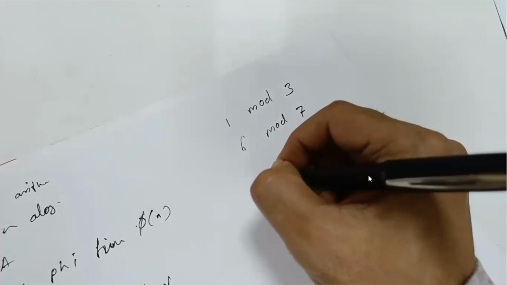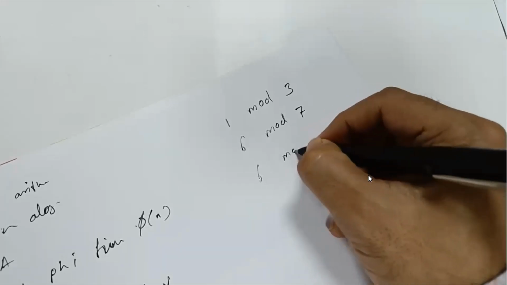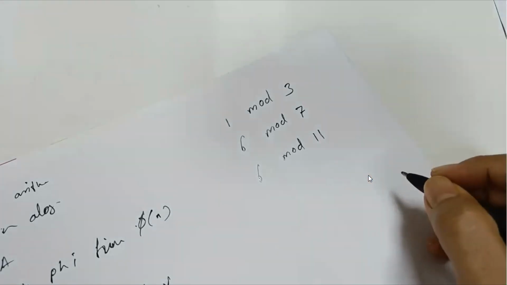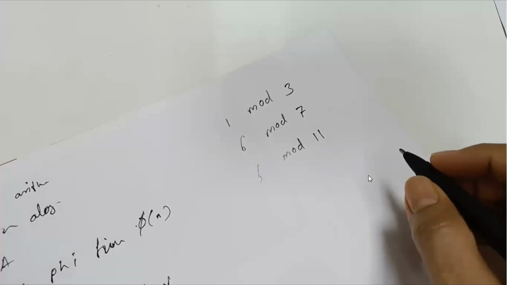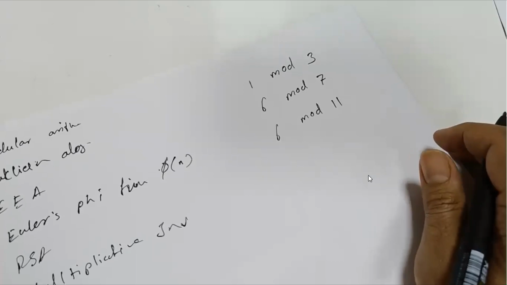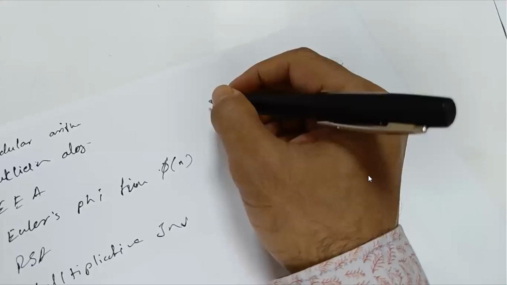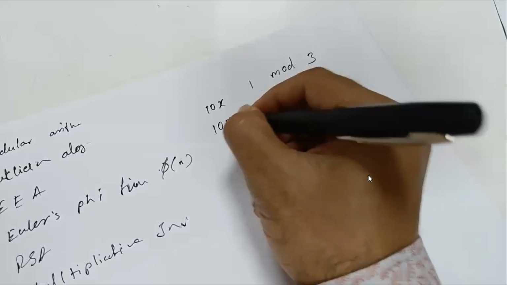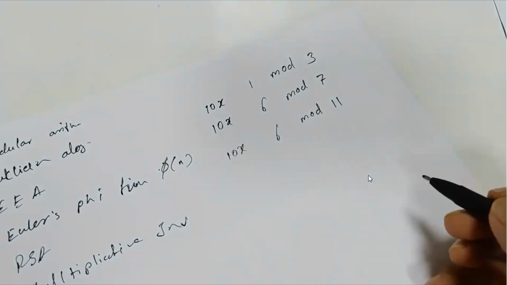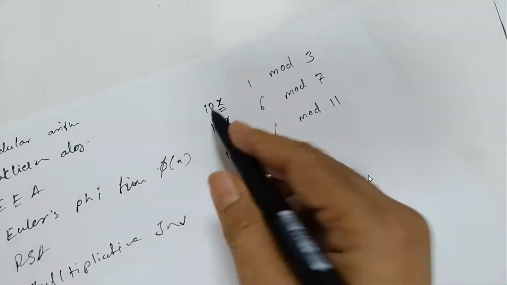So that means 6 mod 11. Okay, and we have to find out the smallest multiple of 10. That means actually 10x, we can say. We want to find out x, which is a multiple of 10.